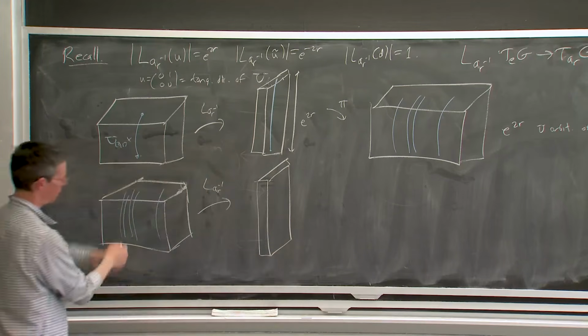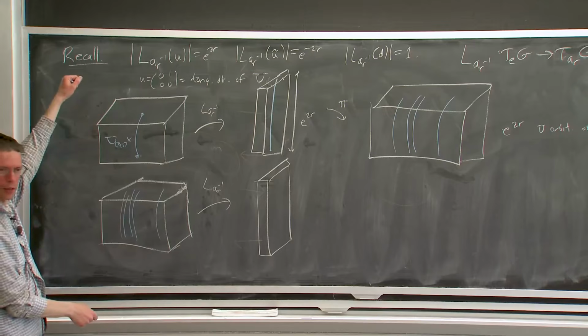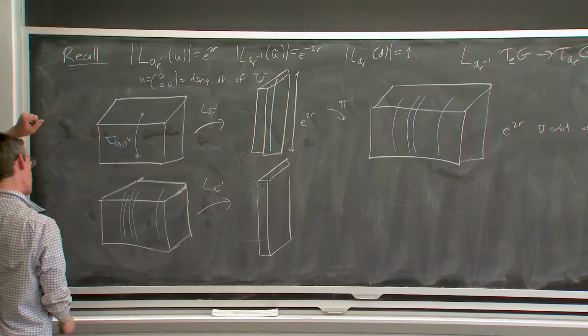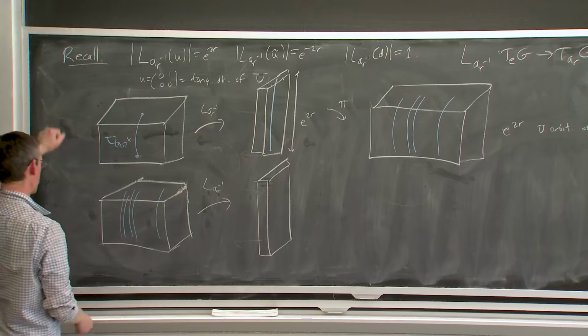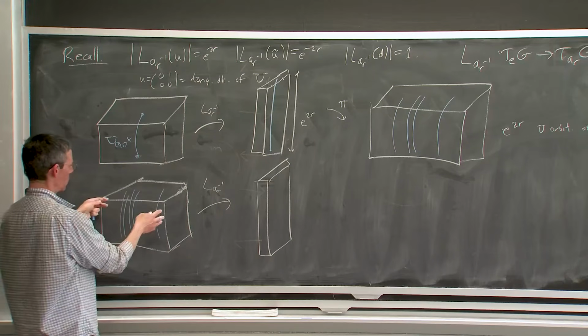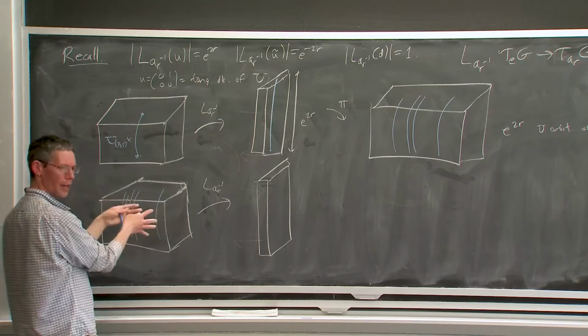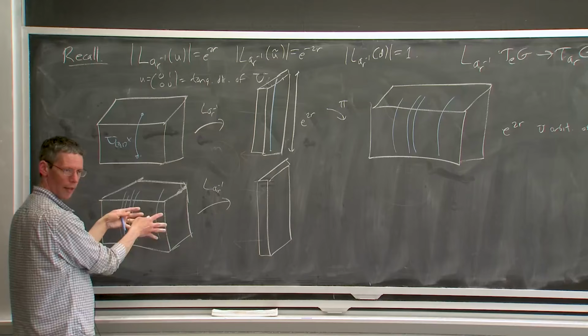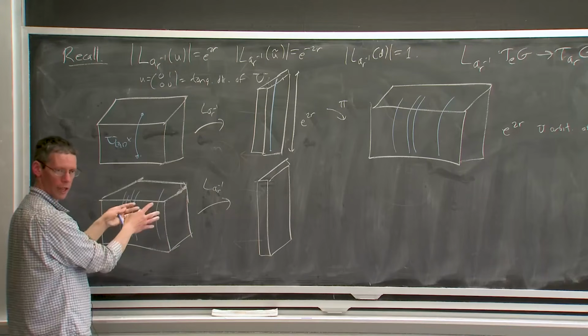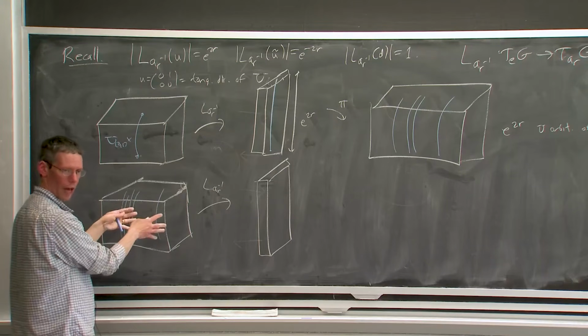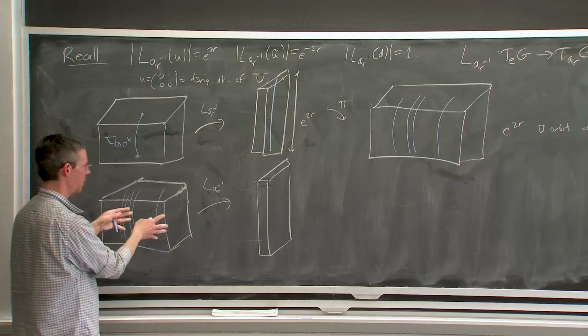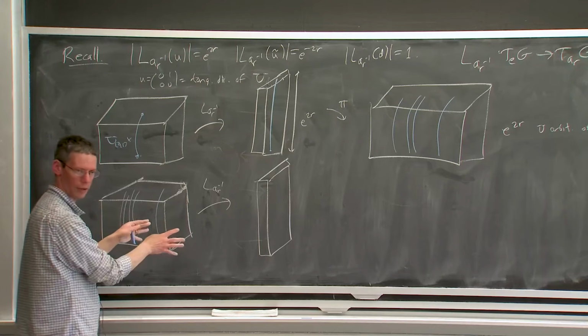Each one of them got longer. It's going to go from the bottom to the top. But there's also some compression, which is kind of in this direction. And that could potentially cause some orbits to get closer together, or not. And this is the part that we have to understand really carefully.